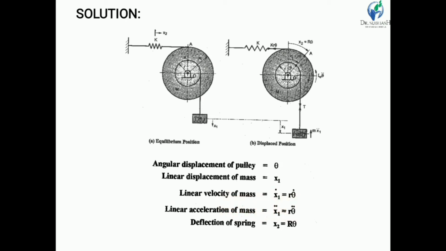We know that x1 is equal to small r into theta, because the smaller pulley is having angular rotation theta. So x1 dot is equal to r into theta dot, and x1 is equal to r theta. So the linear acceleration of the mass is x1 double dot is equal to r into theta double dot. Now the deflection of the spring x2 is equal to capital R into theta.